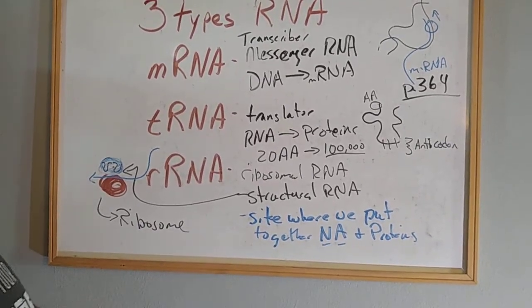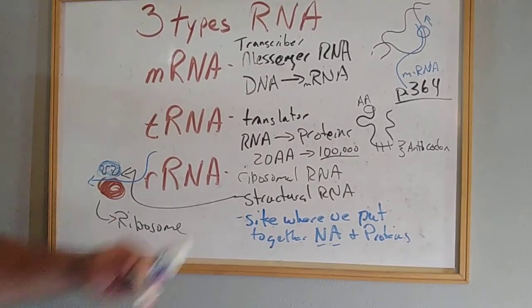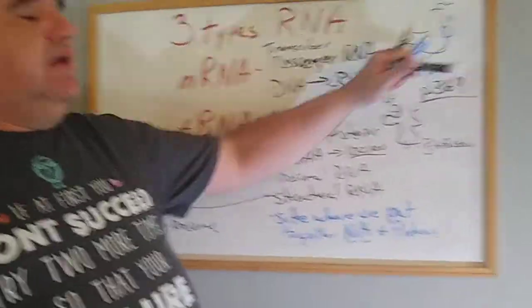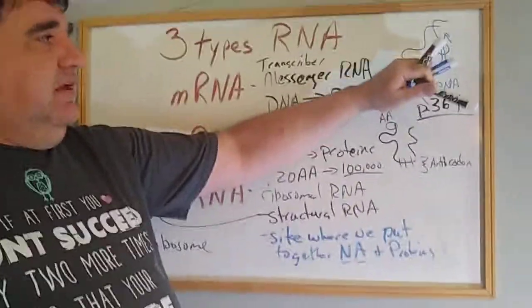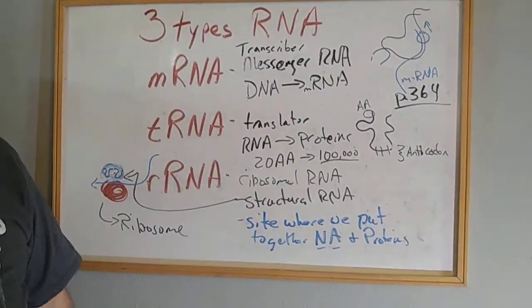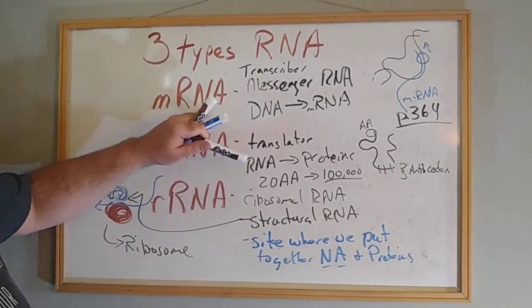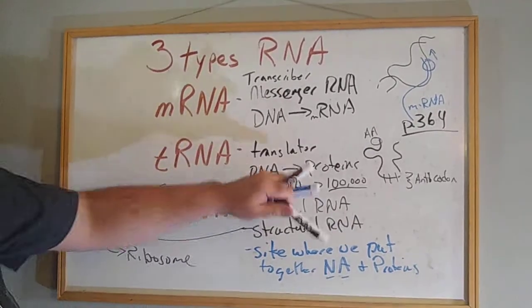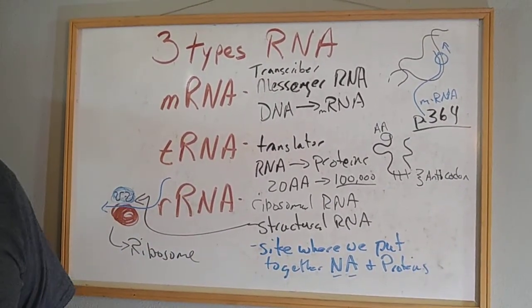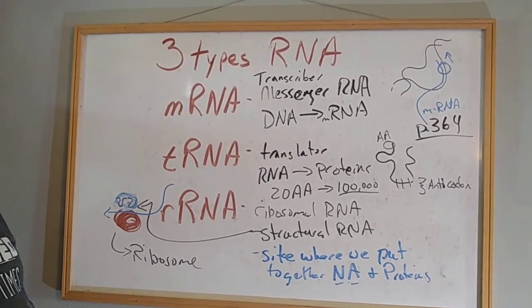Read through that. And it tells you that we make a copy of our DNA. The polymerase, in this time it's an RNA polymerase, cuts out the exons, puts the introns together, and makes our messenger RNA that turns into tRNA at the ribosome, and we get our proteins at the end. And that's our introduction to the RNA molecule.